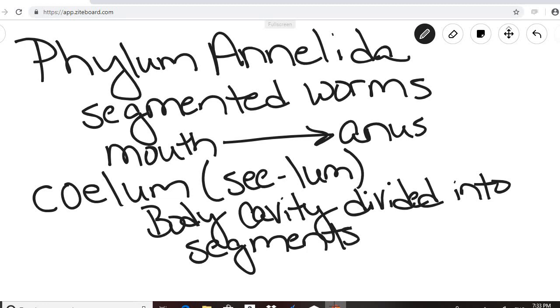And this body cavity fills with fluid, and then the muscles contract, and as the muscles contract against that fluid, that causes movement. So if you ever watched an earthworm move, you know that they kind of move by moving different segments of their body, and that's because their body is divided into these body cavities that are called coelom.